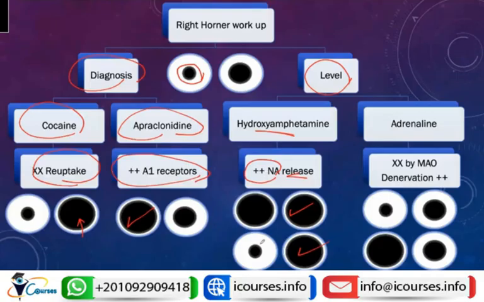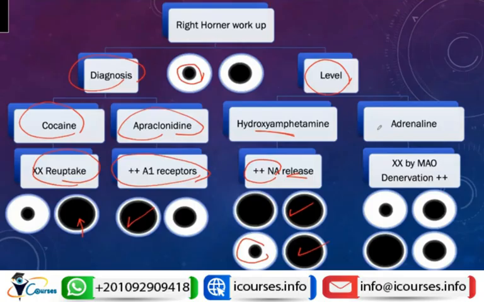But in the postganglionic Horner, where there is a lesion involving the postganglionic nerves, like the long ciliary nerves, for example, there will be no chemical reactions within the nerve itself, so no norepinephrine is secreted in the first place, and it will remain constricted.